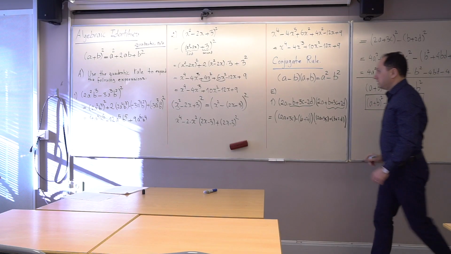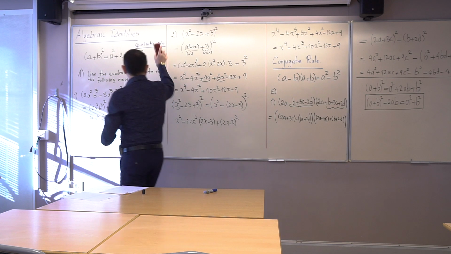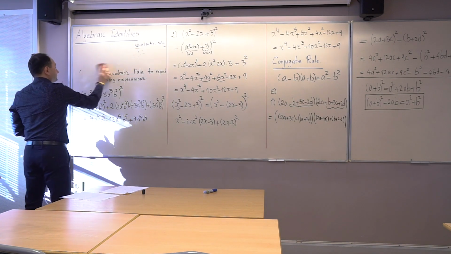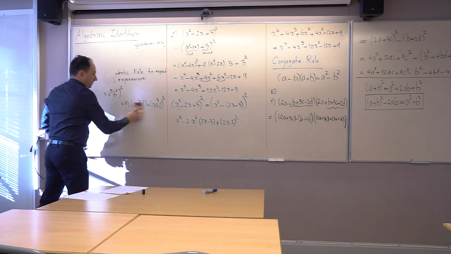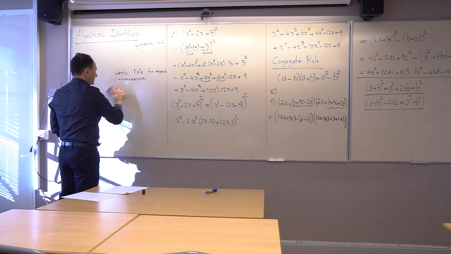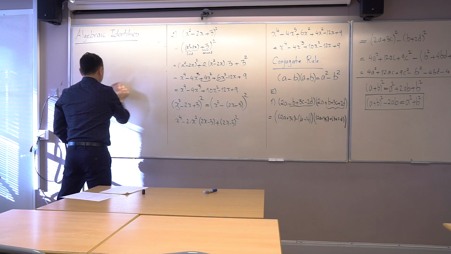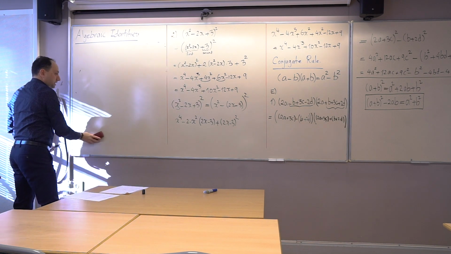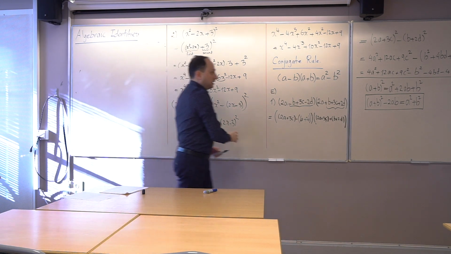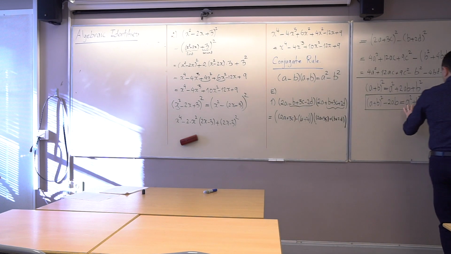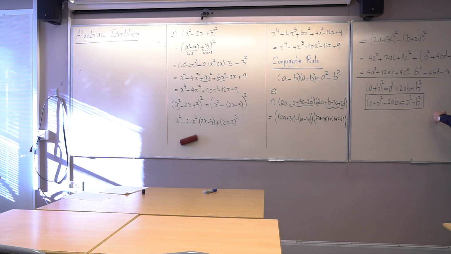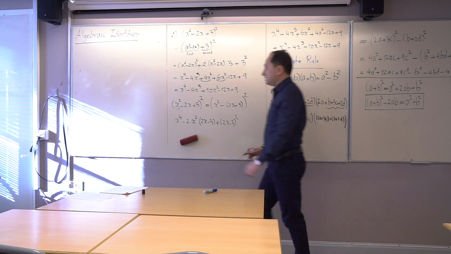So if you don't mind, let me write it in this form here. Okay, and by the way, as I told you before, this is not a soulless formula, yes? This is talking to you. What is it saying?